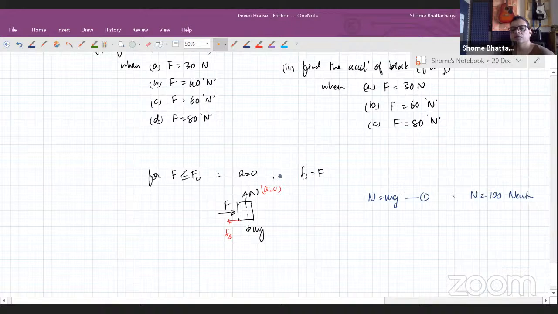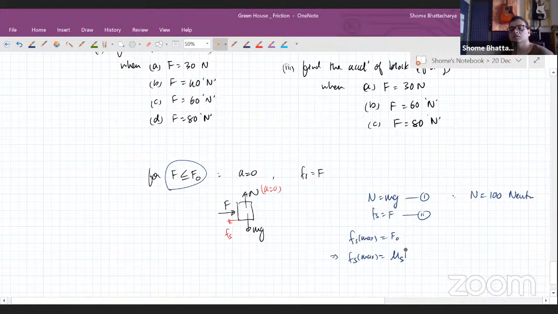For this condition, static friction is equal to F. Now maximum static friction is therefore equal to F naught. That maximum static friction is 0.42 into 100 newtons. So the value of F naught, which is equal to the maximum or limiting friction, will be 42 newtons.